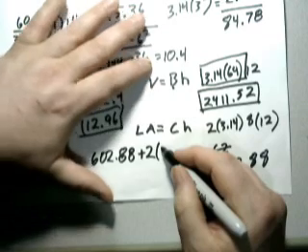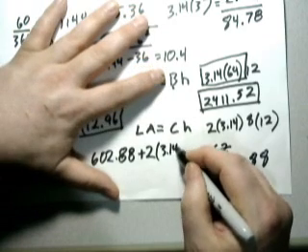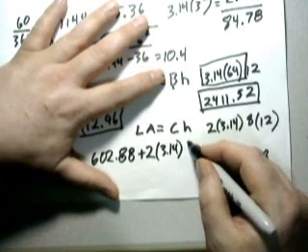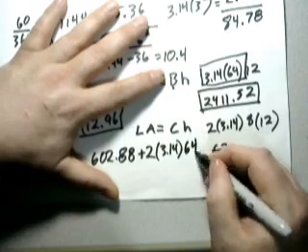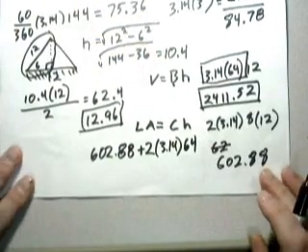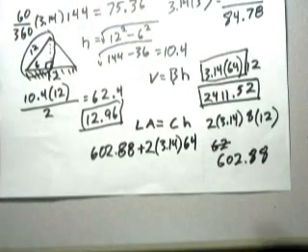And we know the base to be 3.14 times 64. So I can go with 602.88 plus 2 times 3.14 times 64.